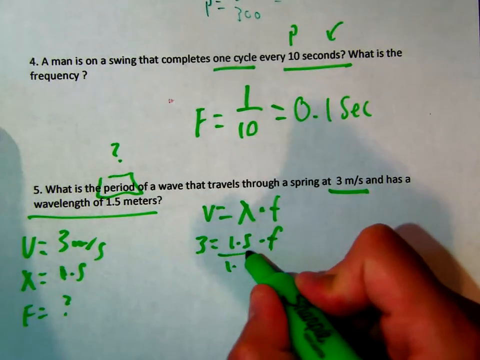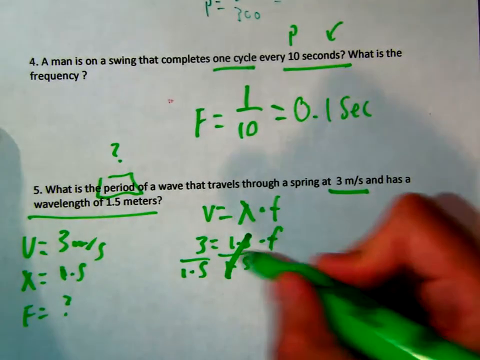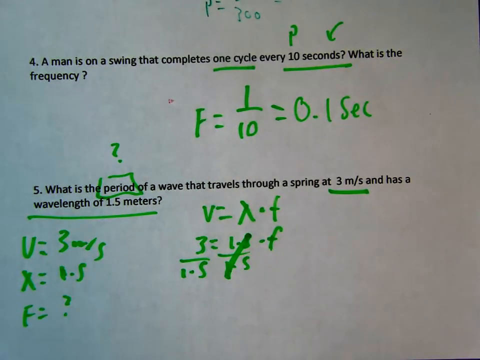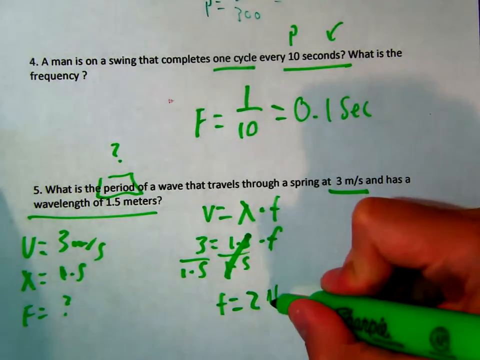Divide both sides by 1.5. Cancel. Frequency equals 3 divided by 1.5. You can put that in your calculator. It's going to give you frequency equals 2 hertz.